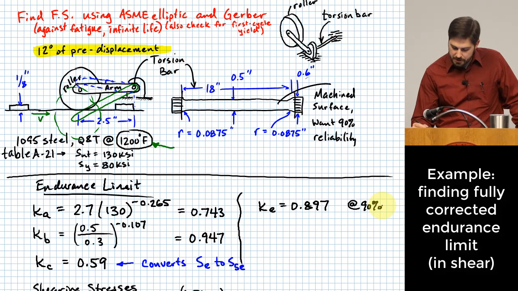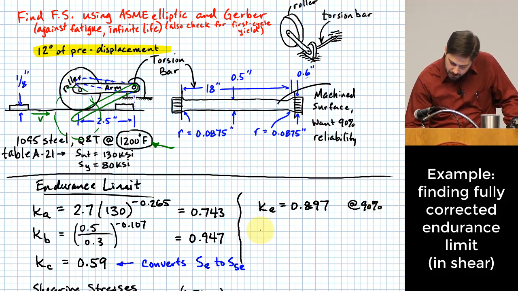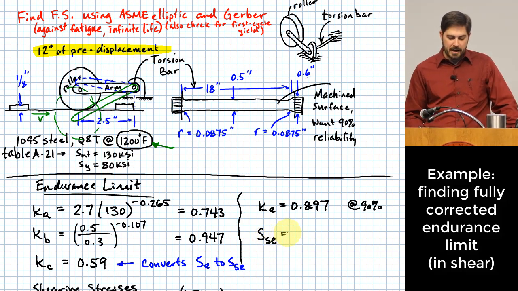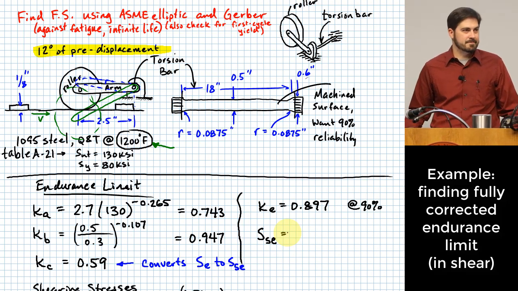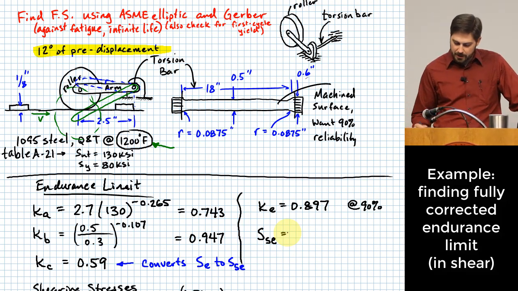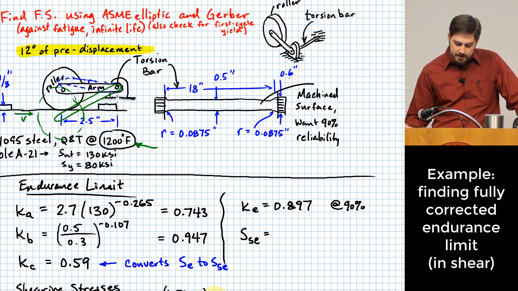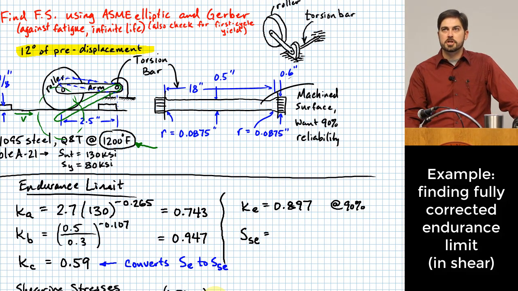We're going to use all these Marin factors to come up with, and I'm actually going to label this S sub SE, because of that factor of 0.59. I'm making a very specific note to myself that this is a strength value appropriate to compare against shearing stresses, not normal stresses.